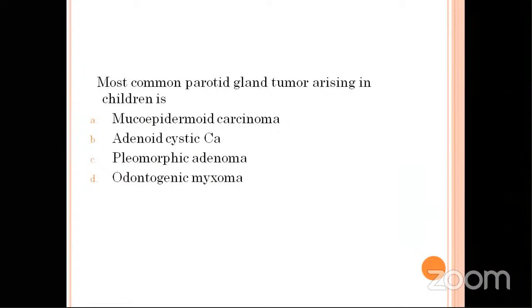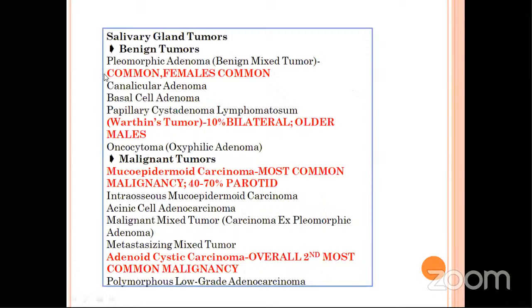The most common parotid gland tumor arising in children is... So when it comes to parotid gland tumors, some of the tumors are common to parotid and submandibular, adult and young patients, smoker patients. These are very commonly asked and easy questions to remember. Pleomorphic adenoma is the most common benign tumor, and females are most commonly affected. When it comes to Warthin's tumor, which tumor occurs bilaterally?